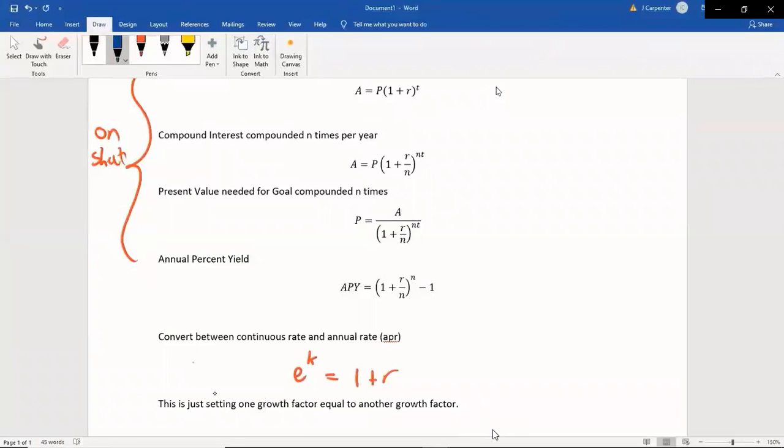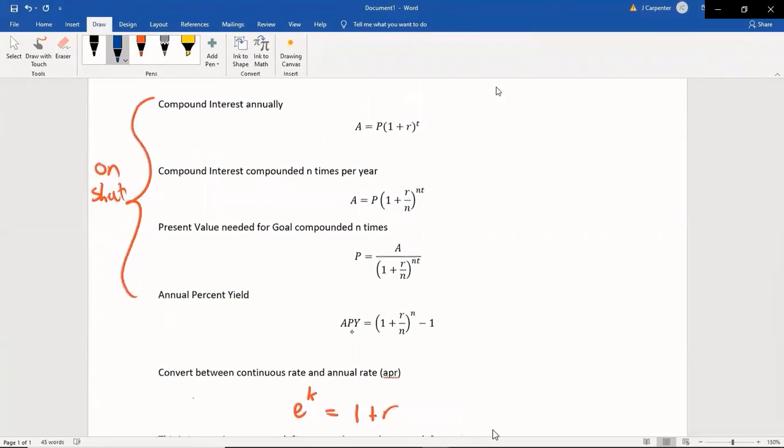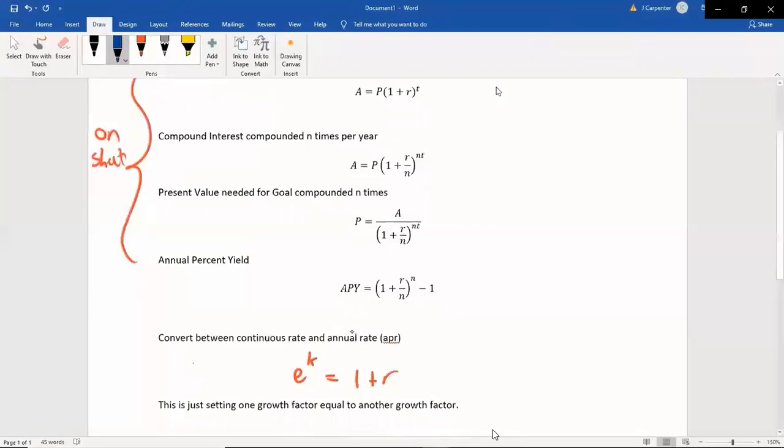E to the k is the growth factor in that continuous model that Excel uses, that I said to my students that if we didn't use Excel, you wouldn't even be doing this at all, because there is no reason for us to use a continuous model as a QR student. We prefer much more standard models, which are these 4 things up here.